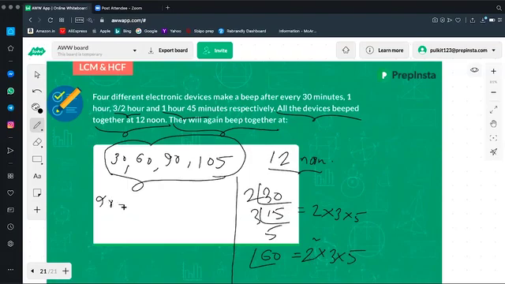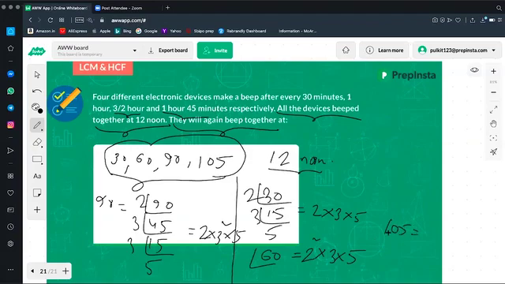For 90, 2 into 3 square into 5. And similarly for 105, it is 3 into 5 into 7.